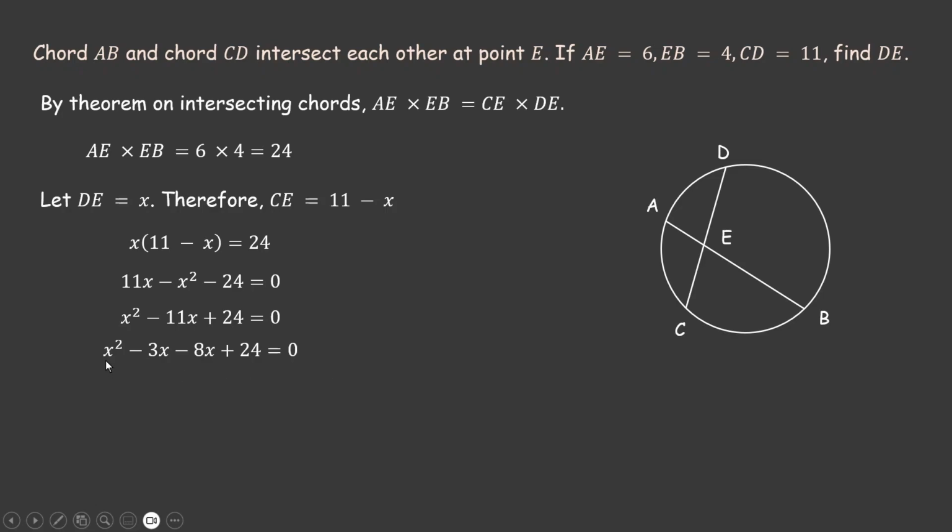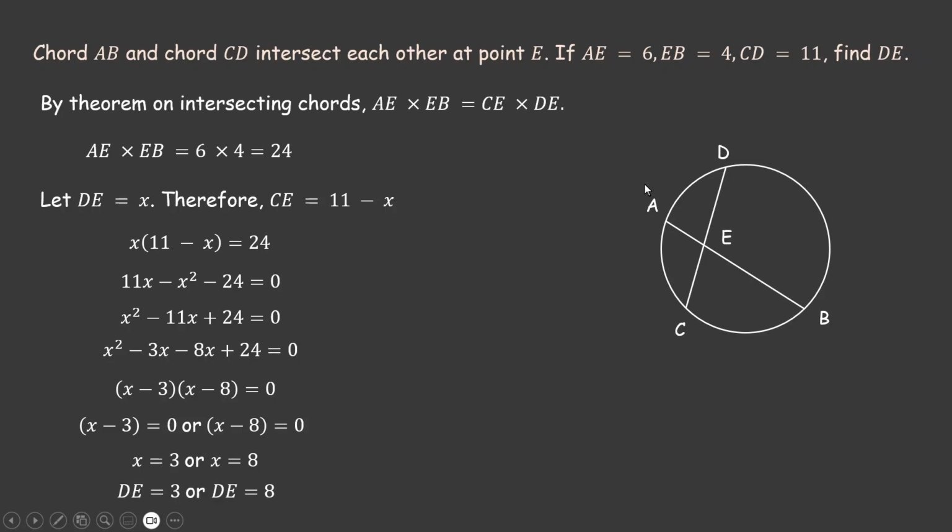So we can write it as x square minus 3x minus 8x plus 24 equal to 0. That's x minus 3 into x minus 8 equal to 0. Either x minus 3 is equal to 0 or x minus 8 is equal to 0. So x is equal to 3 or 8. Now x is DE. That is what we needed to find. So DE is either 3 or 8 units.